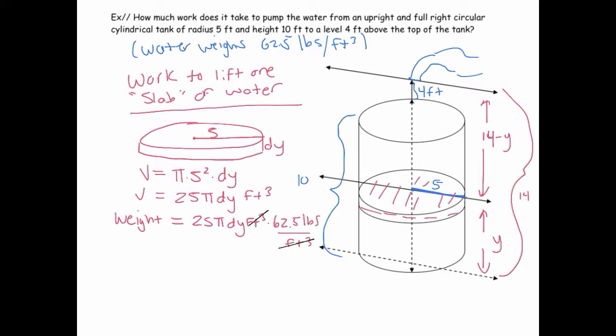And those cancel, and you can now see that our units are going to be pounds, which we can view as a force. So now we know that our weight, or force, is equal to, let's write this all out together, 62.5 times 25 turns out to be 1562.5 pi dy pounds.